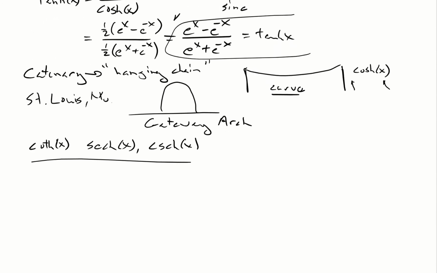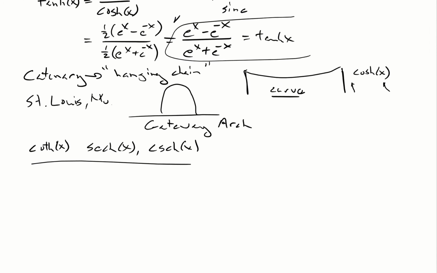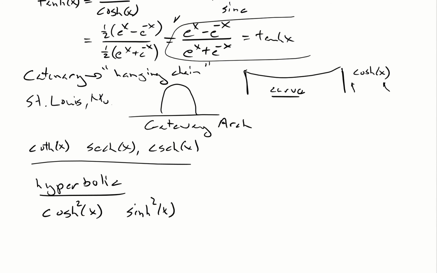Okay, derivatives. The reason they're called hyperbolic is you can show that hyperbolic cosine squared of x minus hyperbolic sine squared of x, and we did this in class, what happens is if you subtract them instead of add them, you get 1.